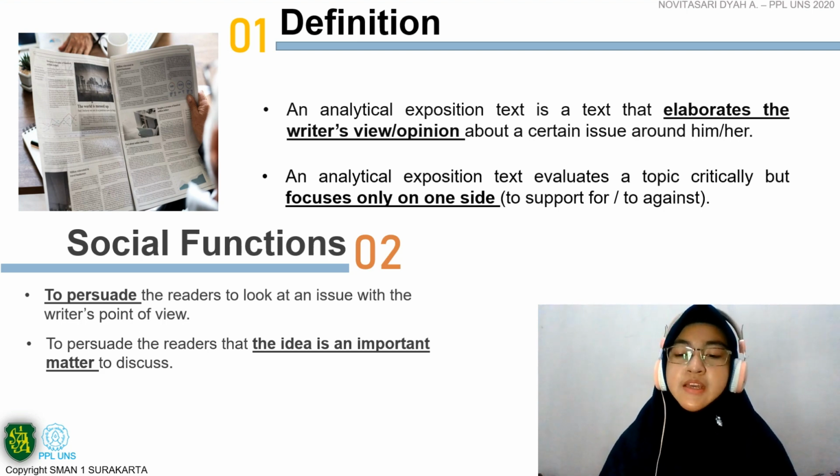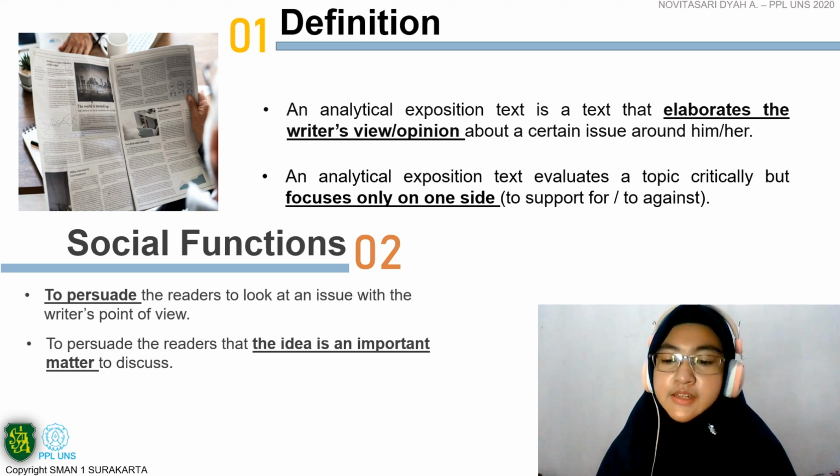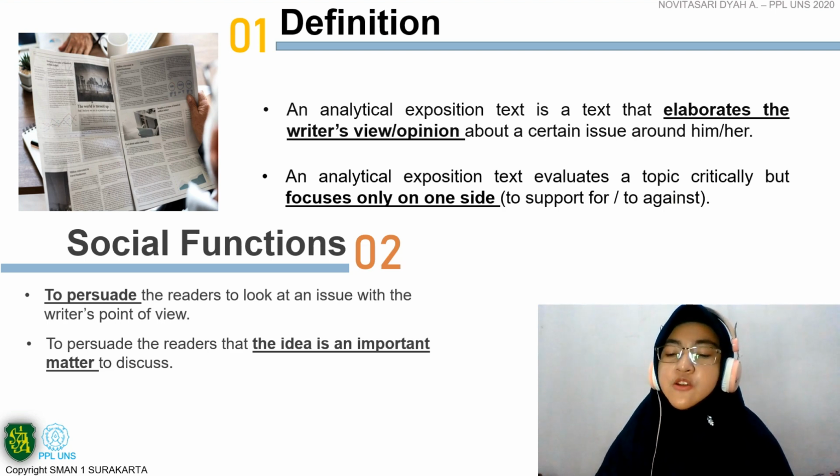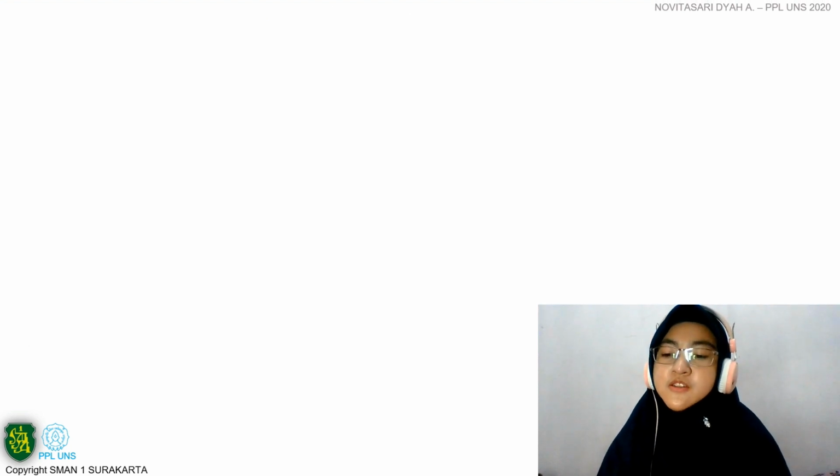So by making this analytical exposition text, the writer wants to persuade the reader that this topic that he chose earlier is an important matter to discuss, and he also wants the readers to be on the same side as him. If the writer supports and the readers also support the topic, okay?